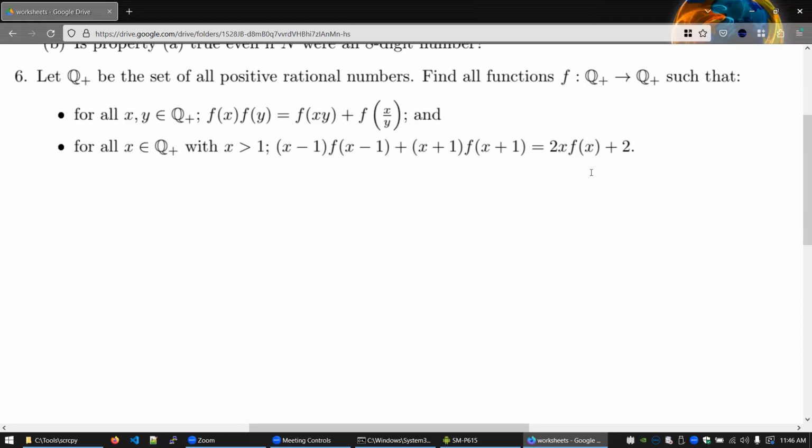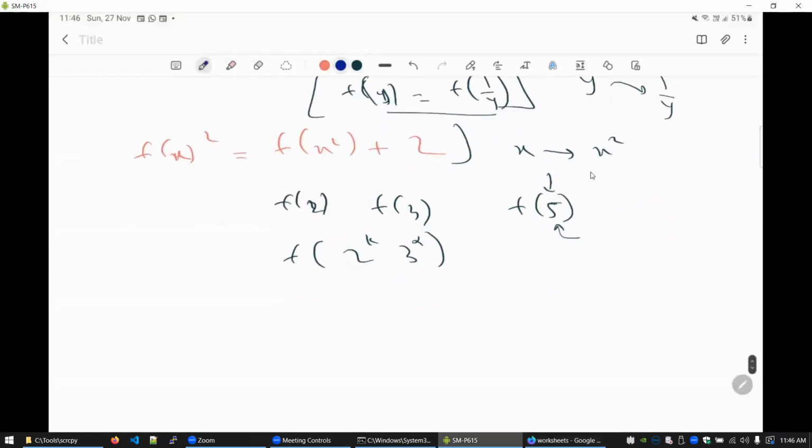So maybe x equal to 2. Okay, x equal to 2. What does that give us? Let me write that.